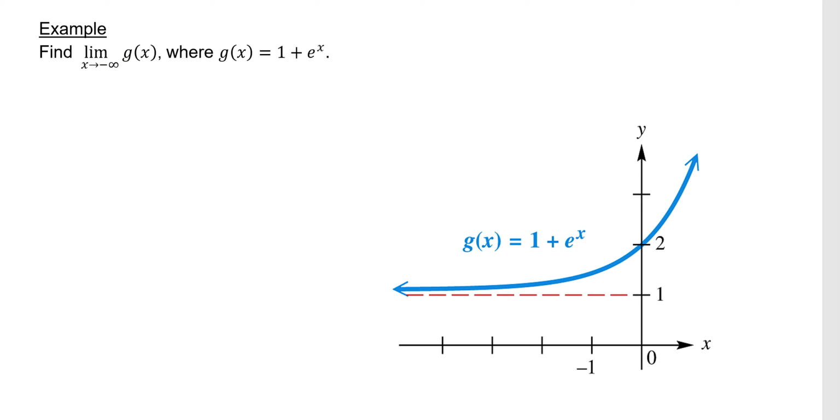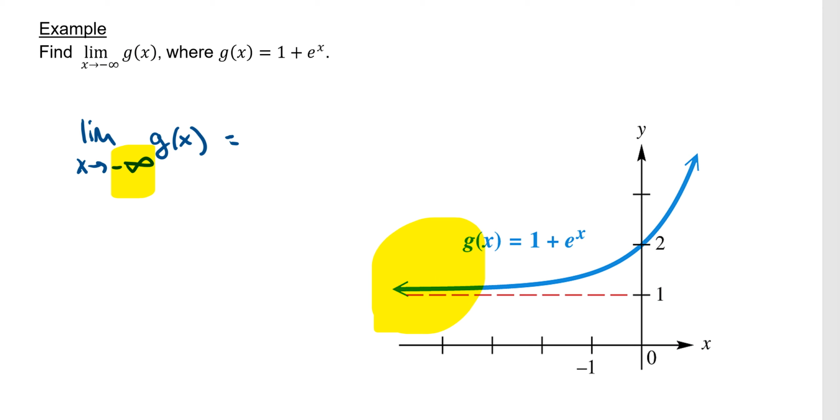Either way, this one we are given the graph, and we want to know what is the limit as x approaches negative infinity. So negative infinity means we're going all the way to the leftmost point on the graph and see what's going on. There should be an arrow.